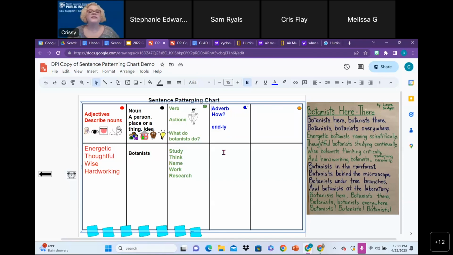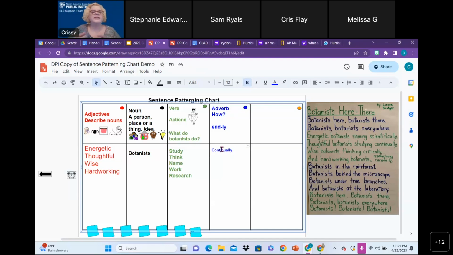Okay, so let's think about it. How do those botanists study? Put your heads together, think about it, and when you're ready, just unmute and tell me. How do those botanists study? Continually. Continually, right? Good. All right, tell me some other adverbs.